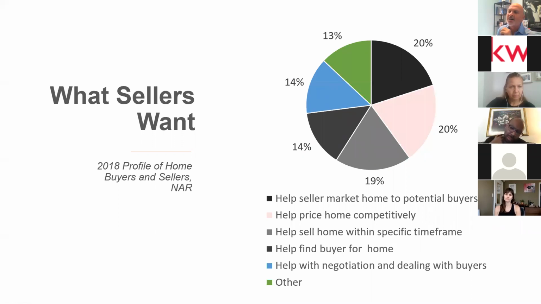Next, of course, equal is pricing your home. So pricing, marketing, and selling within a specific time frame. That's the next one down. They are most interested in the marketing of my home. How are you going to put my home out there? How are we going to get the best price for it, and in the shortest amount of time?